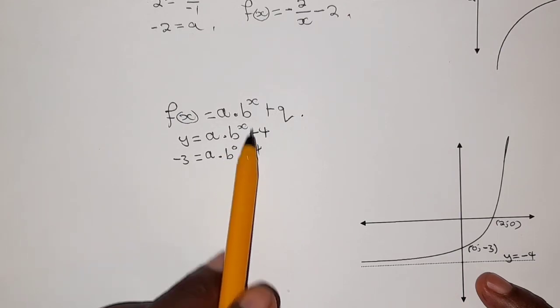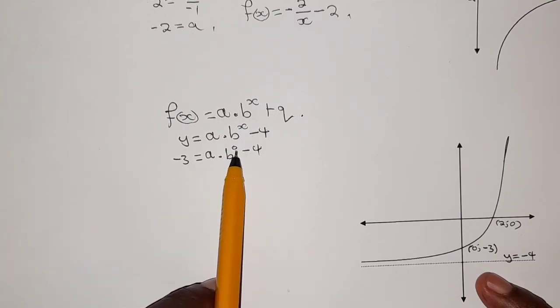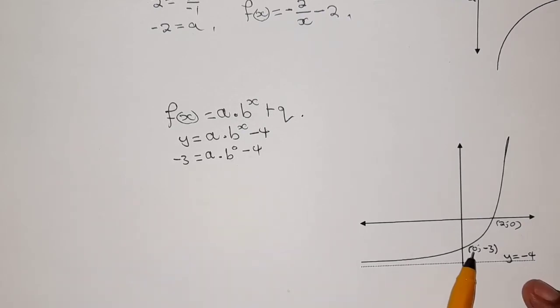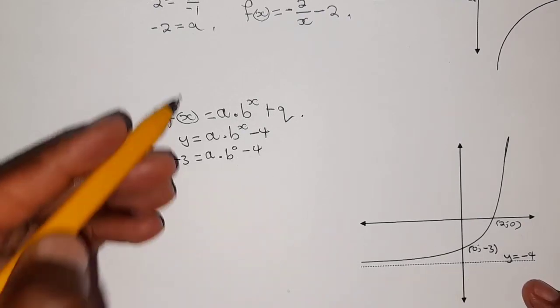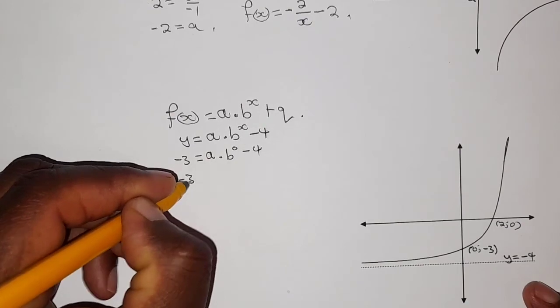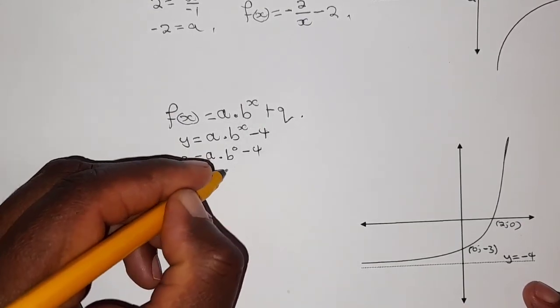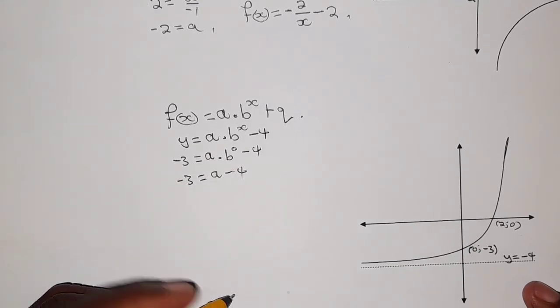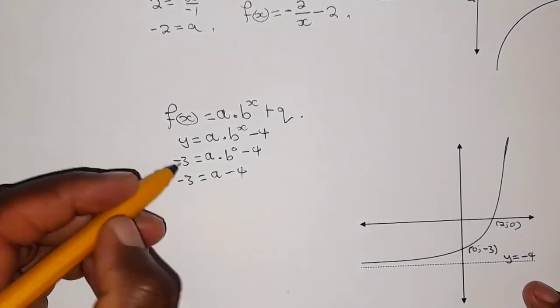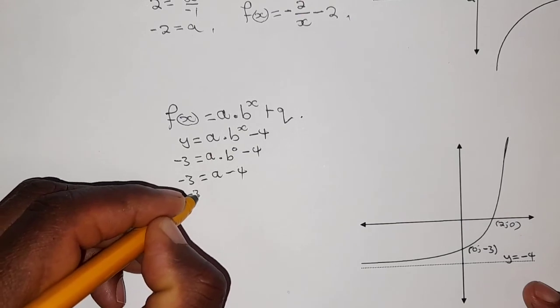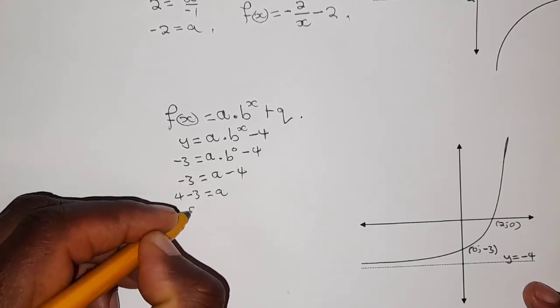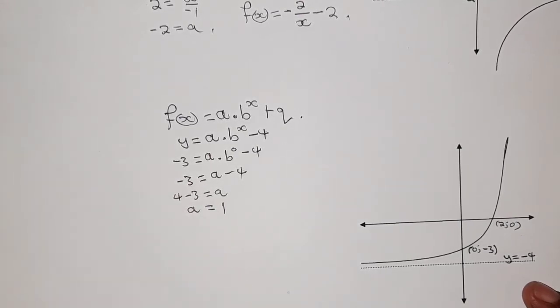I can only get rid of it by raising it to the power of 0 when our x is 0. So b to the power of 0 is 1, so it's a minus 4. And our minus 4 goes to the other side, 4 minus 3 is equal to a. So my a is equal to 1.